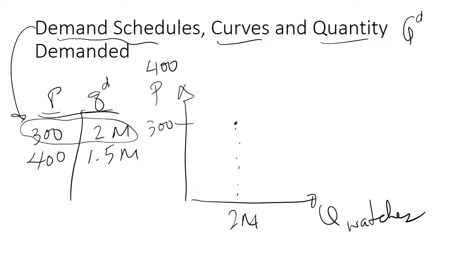People all of a sudden only wanted 1.5 million. What you're going to see here is that you could start connecting together all of the possible prices and quantities that exist, and you will get yourself eventually to a demand curve. This demand curve is going to be downward sloping, and we'll talk about why that is on the next slide.